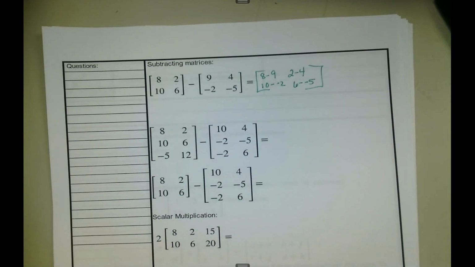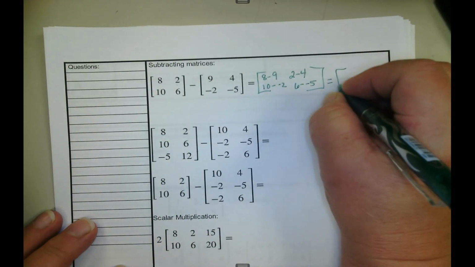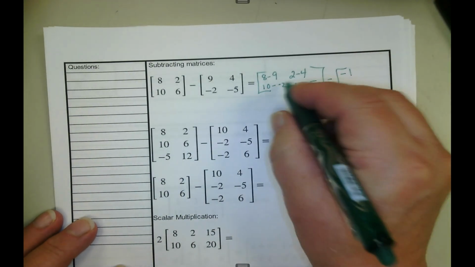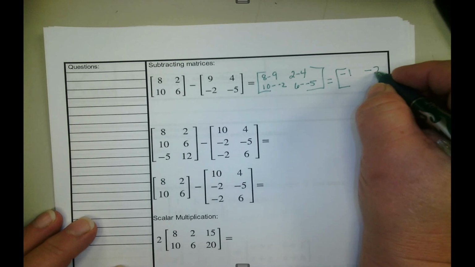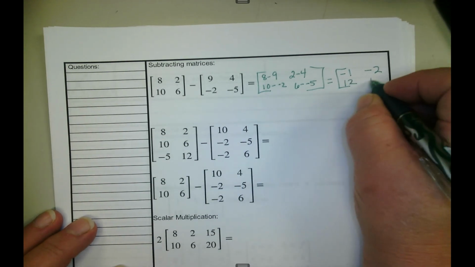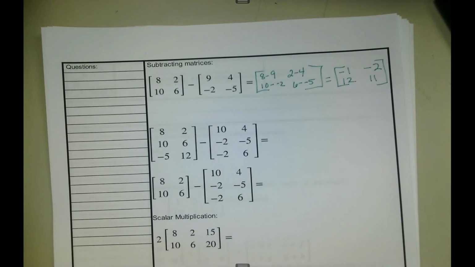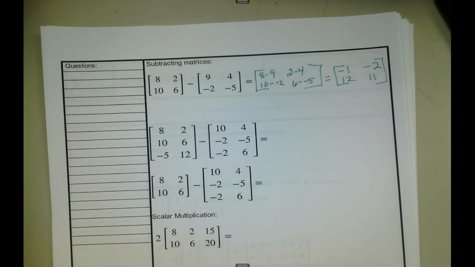When we minus the negative, we know we plus the positive. So this will be negative 1, negative 2, 12, and 11. Pause the video and you can see how the math works. Pause the video and see if you can do the next one all on your own.